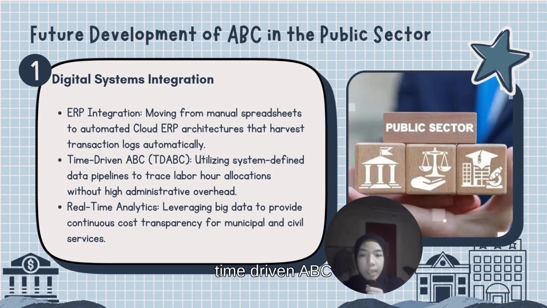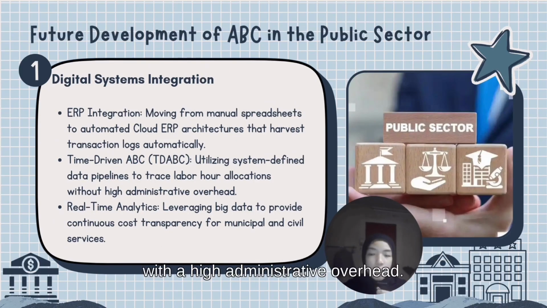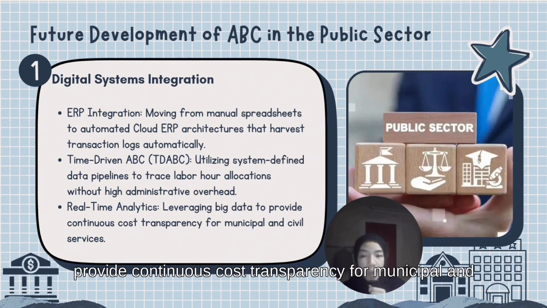Second, time-driven ABC utilizes system-defined data pipelines to trace labor hour allocation with high administrative overhead. And third, real-time analytics leverages big data to provide continuous cost transparency for municipal and civil services.